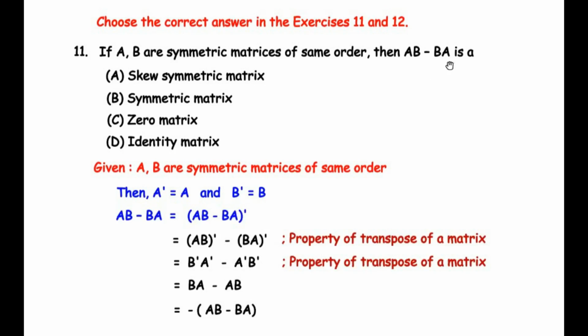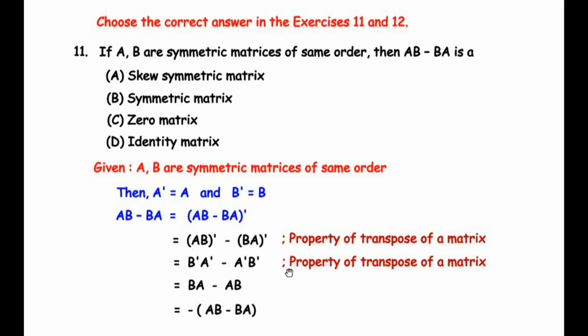So here the given expression is the transpose of AB minus BA. In the next step, we have used one of the properties of the transpose of a matrix, where the transpose gets distributed to each term within the bracket. That is, the transpose goes to AB minus the transpose goes to BA.